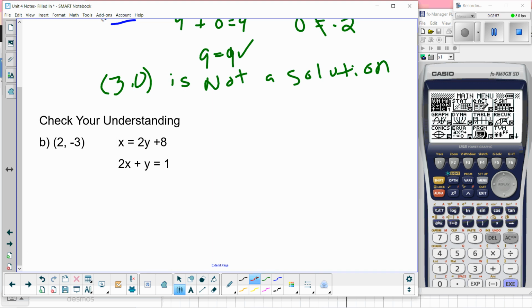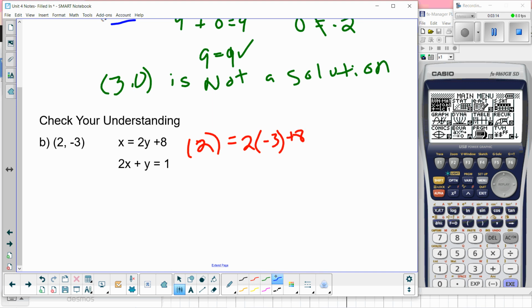All right. Whoops, that's not negative, it's a positive 2, equals 2. We take out y and put negative 3 in its place.